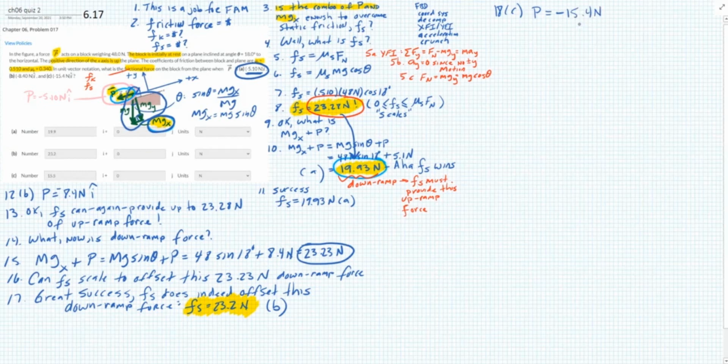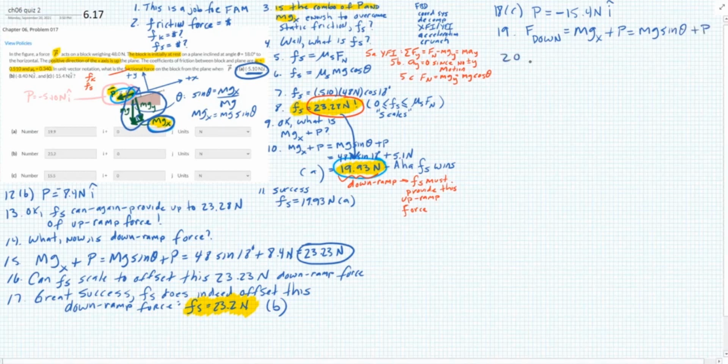So it's going to be the same chain reaction of Q and A. How much downward force do we have? Here's the amount of downward force. So maybe I'll just say F down. The total down ramp force equals mg_x plus P for the umpteenth time. And we know mg_x is mg sine theta plus P.